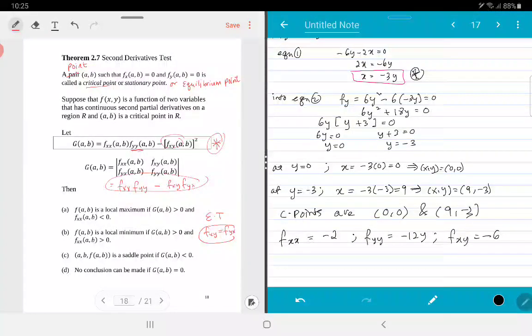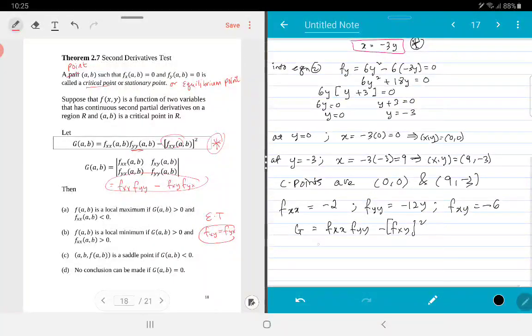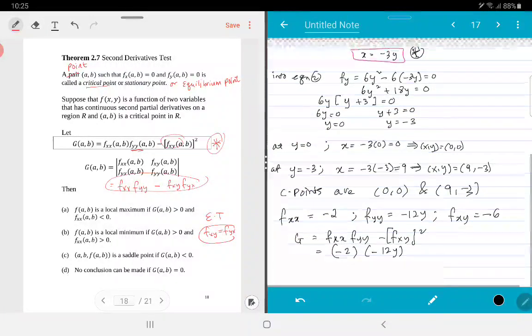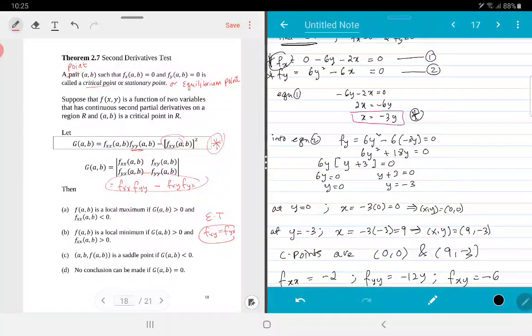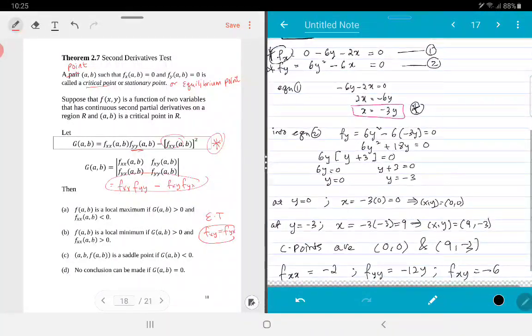All right, so now we can get g. Remember g is fxx times fyy minus fxy squared. So fxx is negative 2, and fyy is, you must be screaming there, fyy is not negative 12y, it's going to be positive 12y.